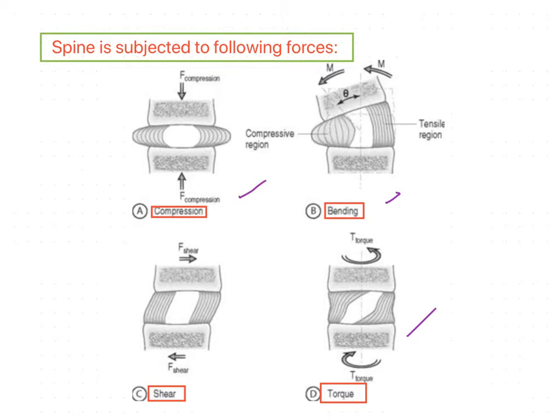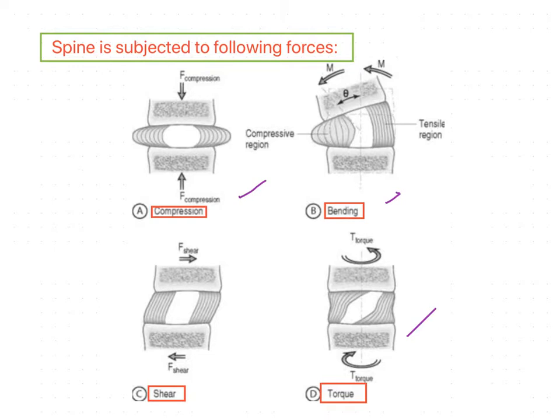So these are the 4 types of forces which are subjected by the spine, not only during normal functional activities but also at rest. And the column's ability to resist these loads varies among different spinal regions.